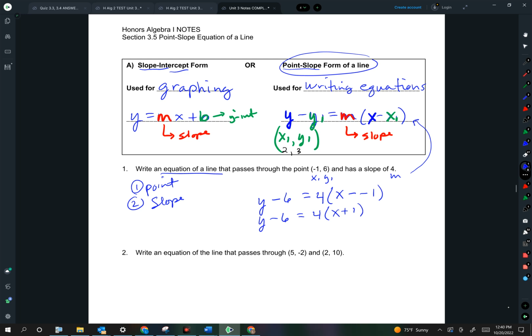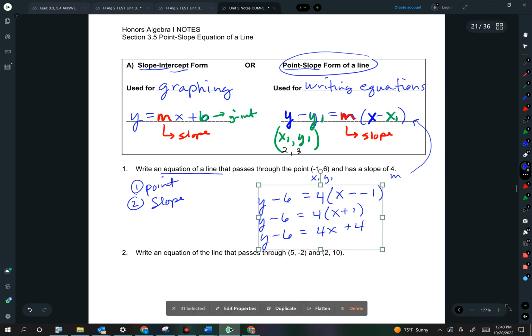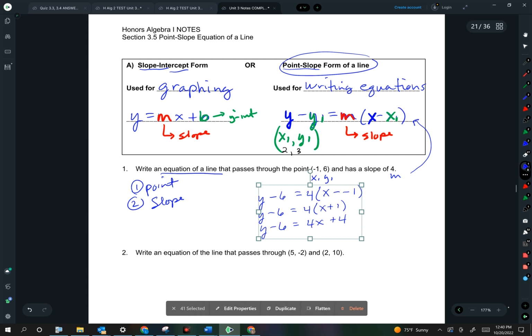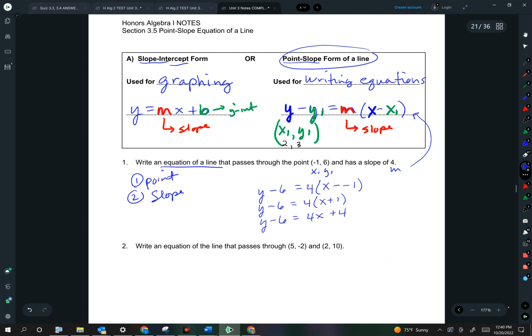I'm going to distribute the 4 on the right side: y minus 6 equals 4x plus 4. Then I just add 6 to the other side, so y equals 4x plus 10.